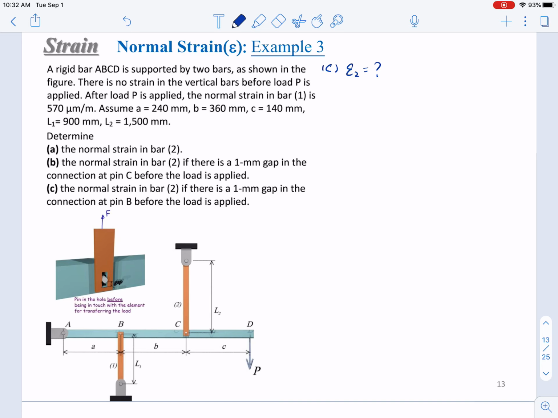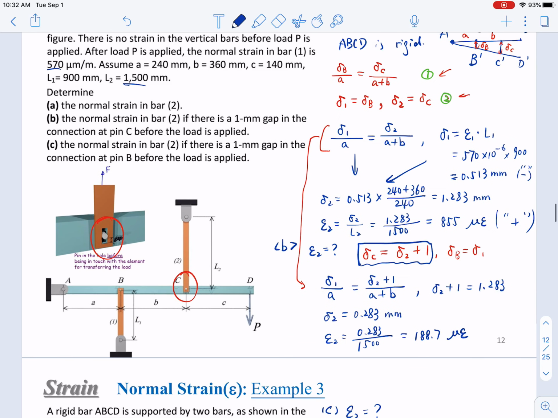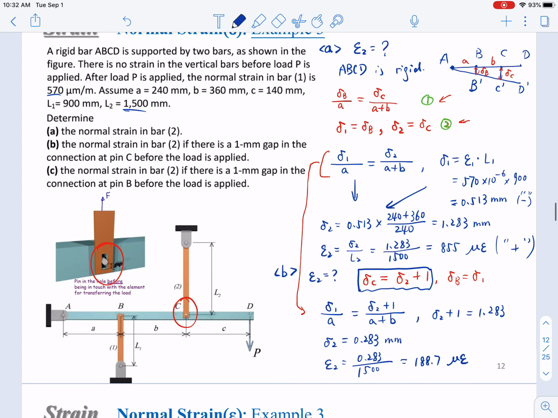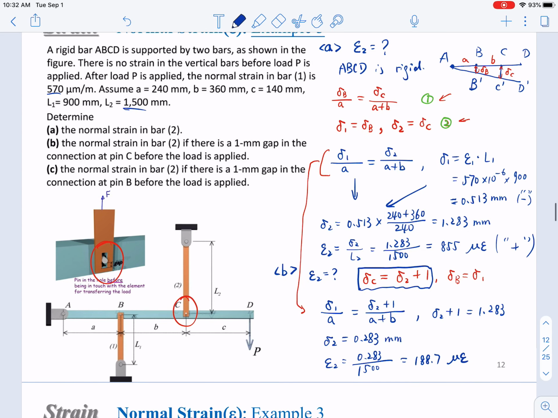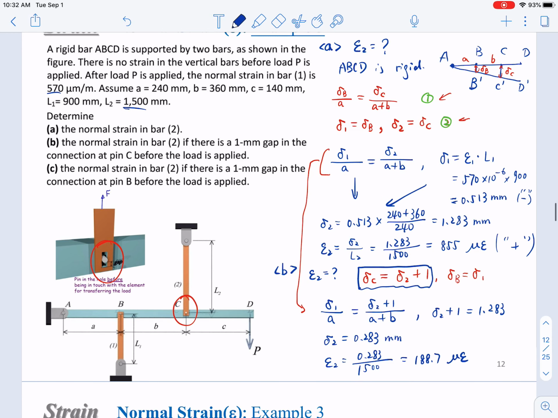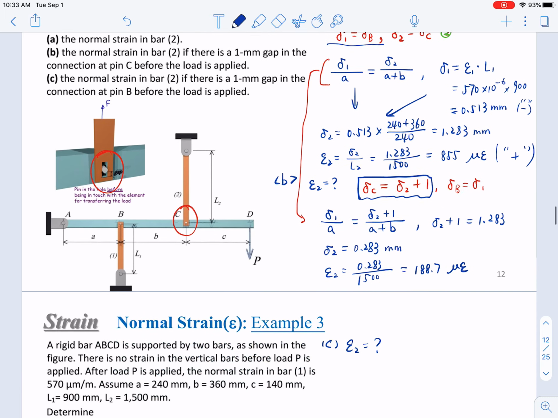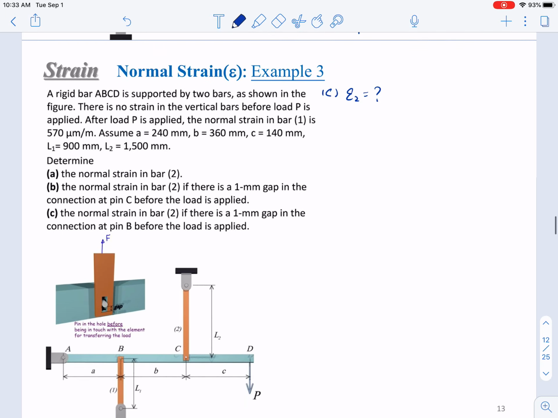Okay, so again, the equation 1 will not be changed. One of the two equations in equation set 2 will be changed. This time it will be the first one, which will be rewritten as delta B equals delta 1 plus 1, since delta B will always be larger.